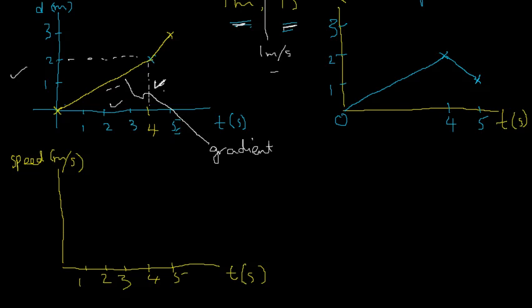So the gradient is 2 over 4, which you got from here, the 2 there and the 4 there. Right? So this is actually equal to the speed. And that's the speed between 0 and 4 seconds.